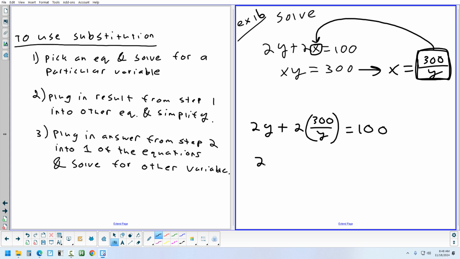So, first step: if it confuses you to multiply something that's a fraction and something that's not, then think of them both as fractions. When you multiply straight across, what's 300 over y times 2 over 1? 600 over y? Yep, 600 over y.